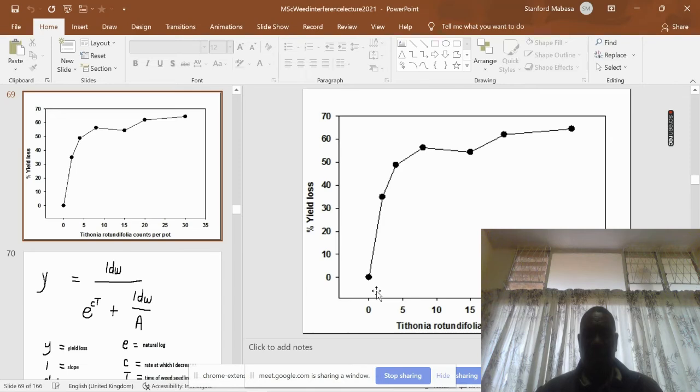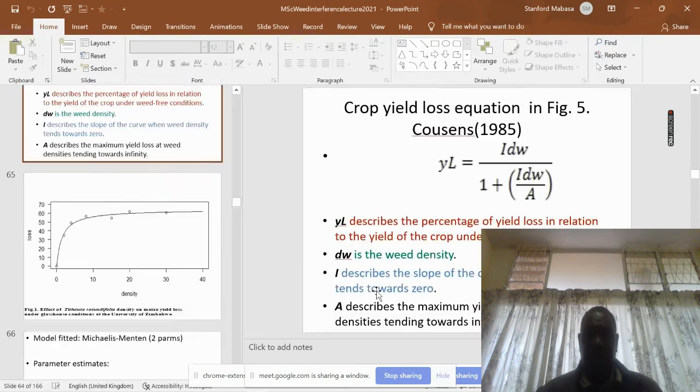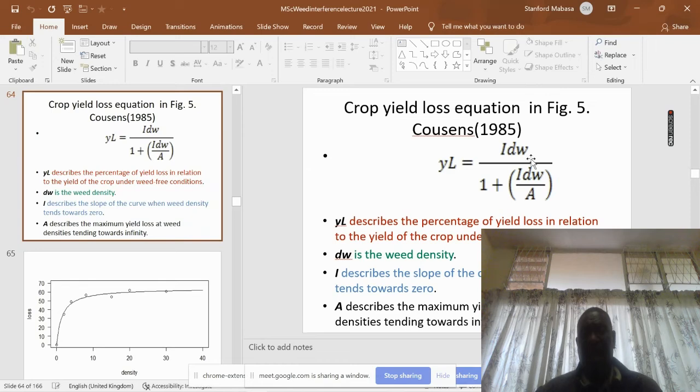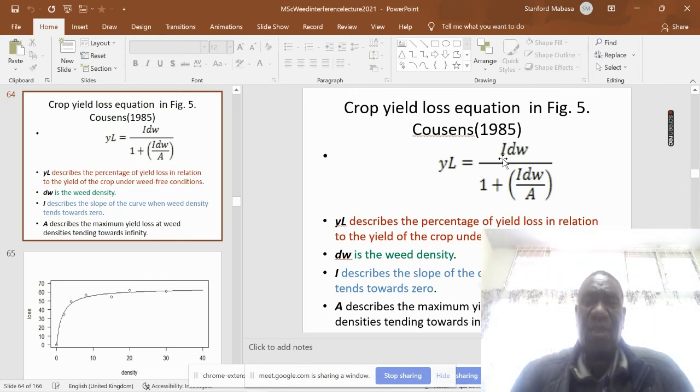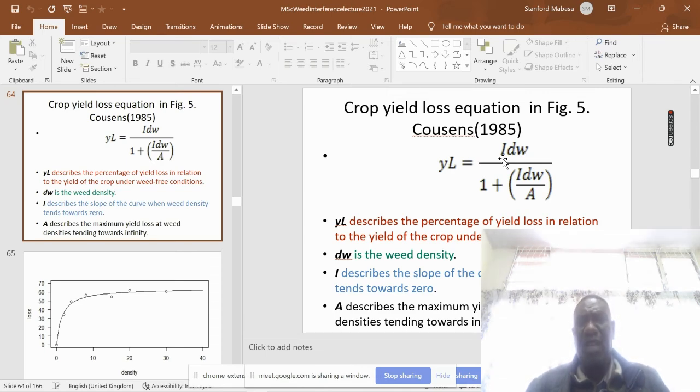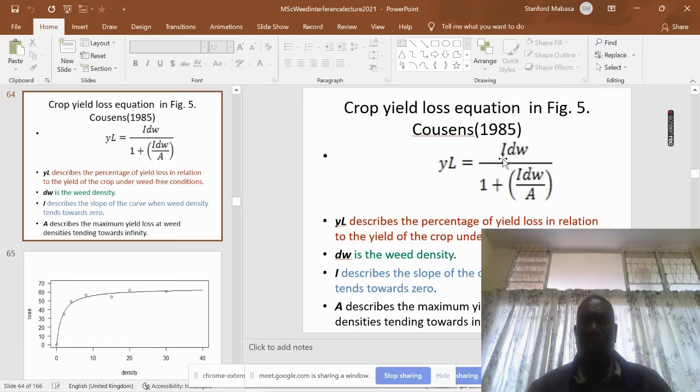Now, I want to move back to this equation. This equation can be accurate in predicting crop yield loss when the crop and the weed are emerging at the same time. But if you have weeds emerging ahead of the crop, this equation will not be able to predict accurately the loss in the crop due to weeds.